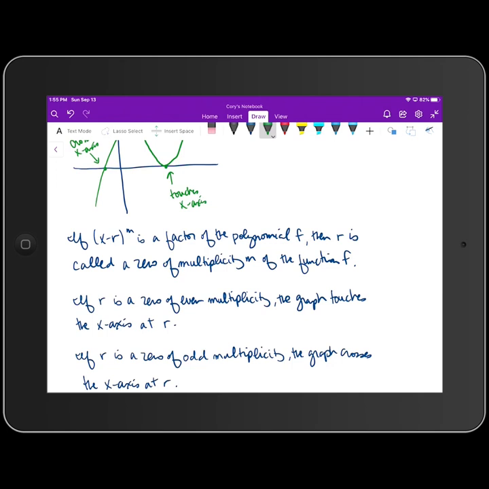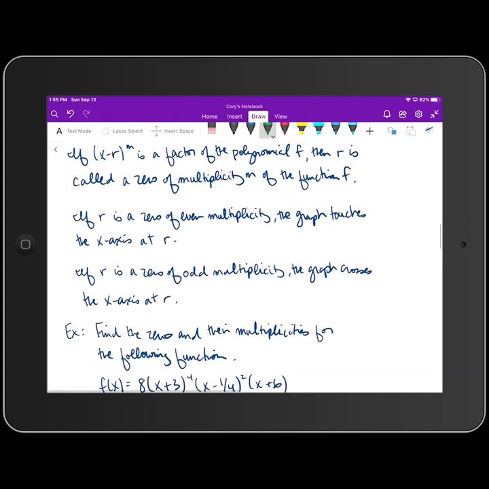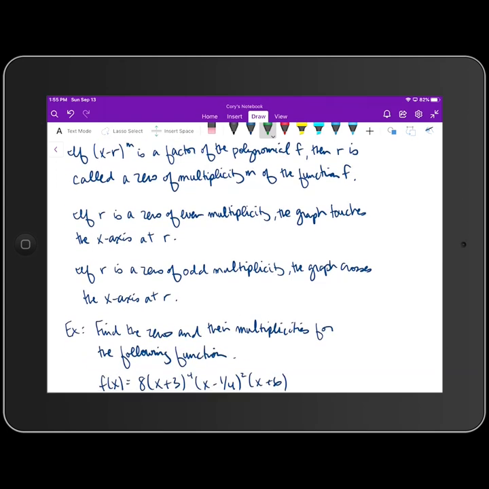And if r is a zero of odd multiplicity, so if x minus r has an exponent that is an odd number, that tells us that the graph crosses the x-axis at x is equal to r.